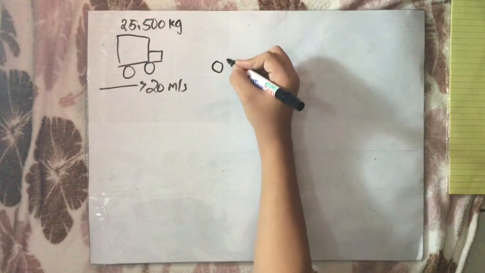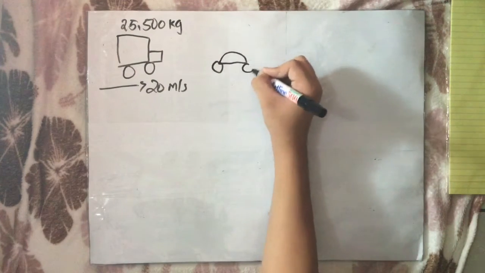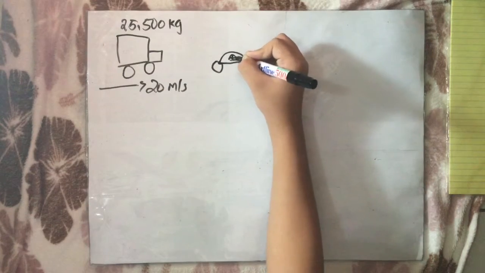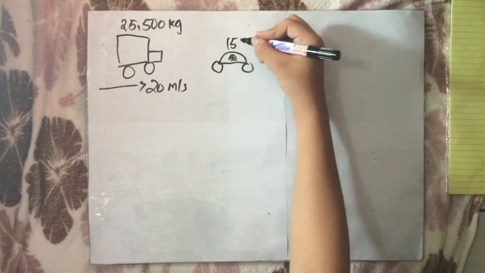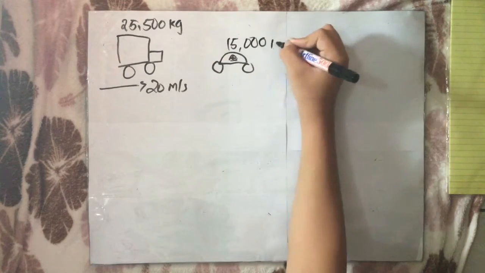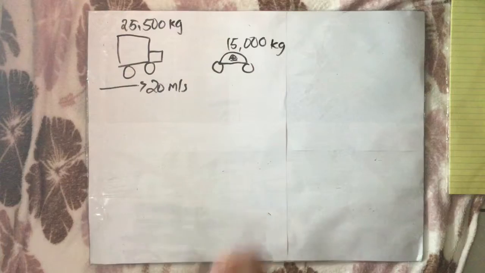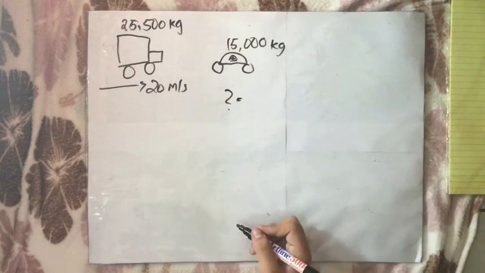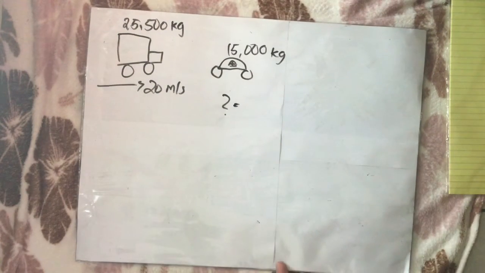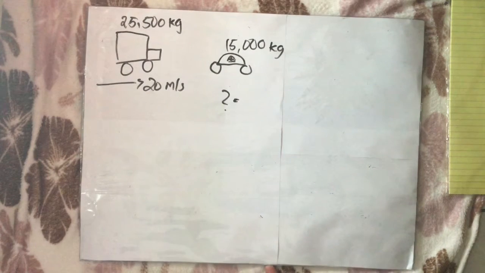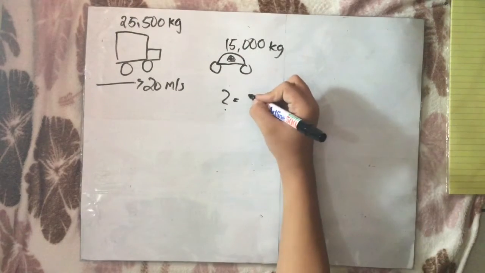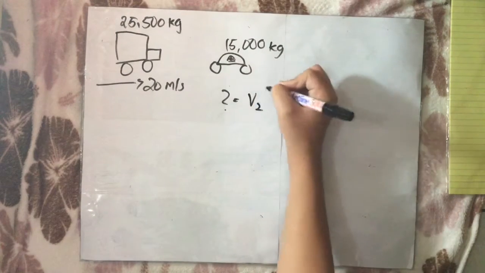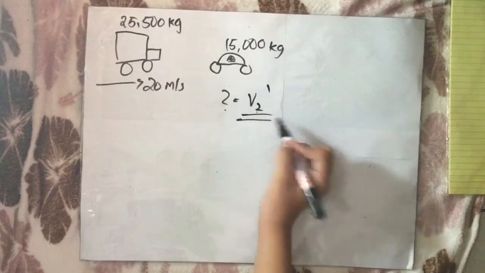Then it suddenly collided with a parked car which has a mass of 15,000 kilograms. So the question is, what is the final velocity of the car after they collided? So what we are finding is V2 after.